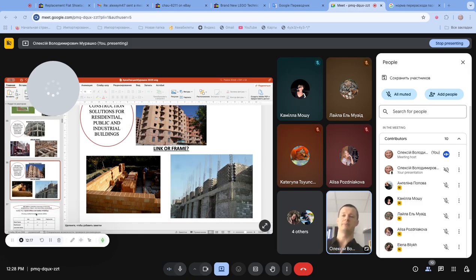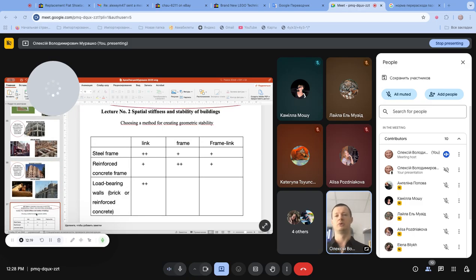So that makes it possible to consider this table as follows. When we're talking about the steel frame, we can use all methods. We can use the link method, the frame method, and the combined frame-link method. But it is easier for steel construction to use the link method.